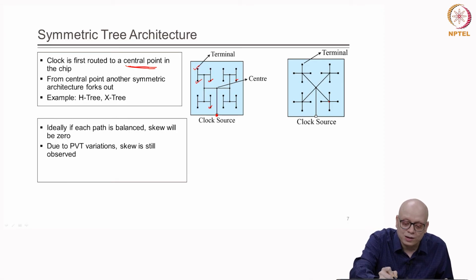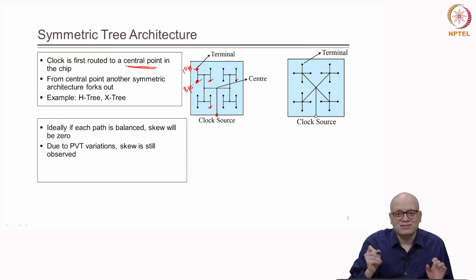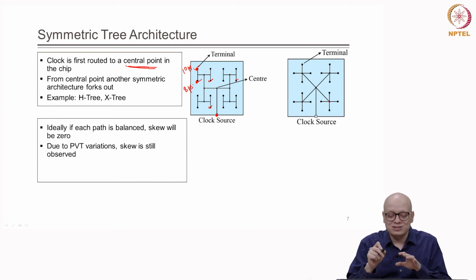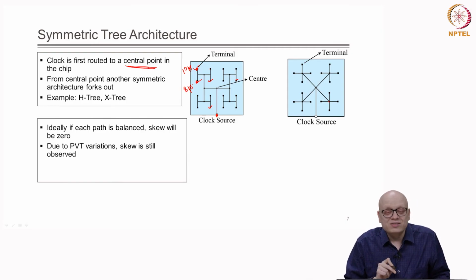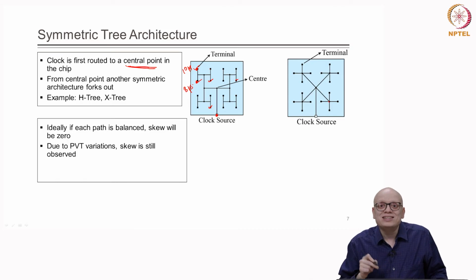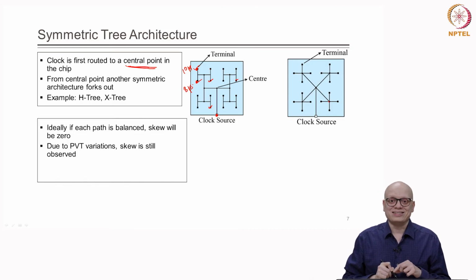For example, here we have, say, a delay of 10 picosecond, and at this point we have, say, 8 picosecond and so on. This is just for illustrative purposes, do not take it as exact numbers. So due to PVT variation, the skew will still be observed in this kind of architecture.